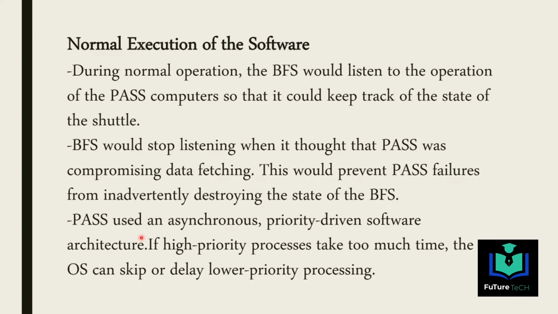Now, this PASS, which is used by the four computers, uses an architecture which is asynchronous. You all know what asynchronous is: independent of time. And in a priority-driven software architecture, the system works according to the prioritization of the tasks.